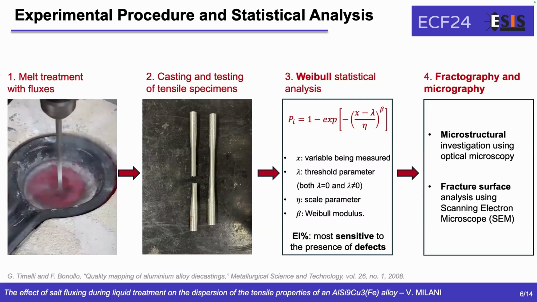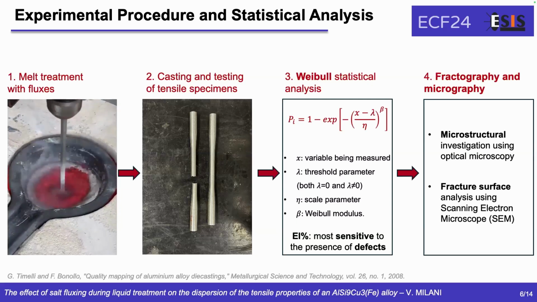The Weibull analysis was performed on the elongation to fracture, which according to the literature is the most sensitive parameter to the presence of defects. Lastly, I concluded the investigation with a microstructural study using optical microscopy, and with fracture surface analysis using SEM.